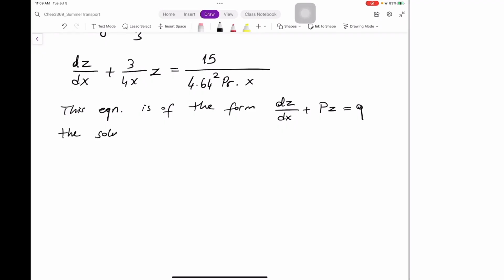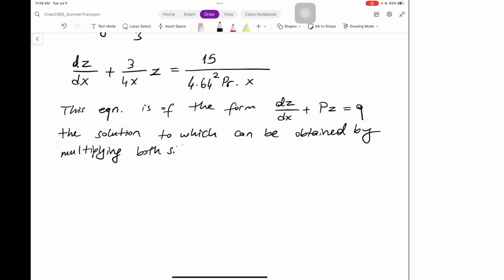The solution to which can be obtained by multiplying both sides by the integrating factor, e to the power integral p dx.